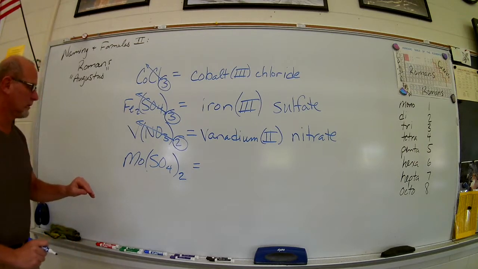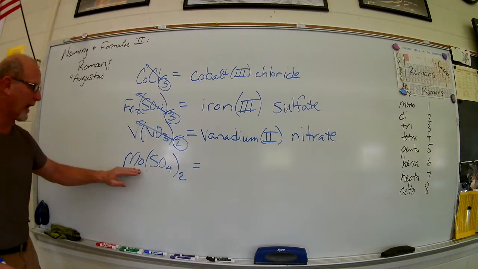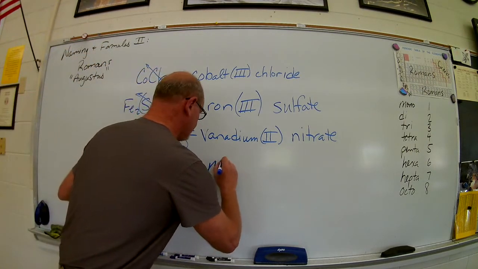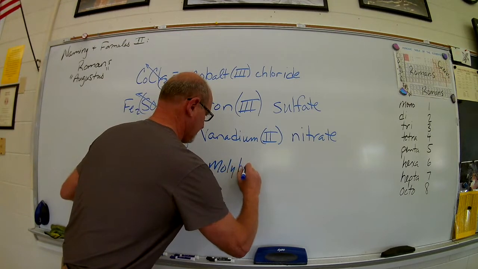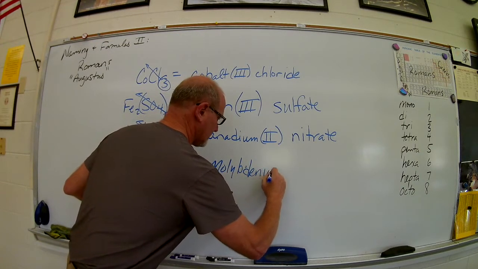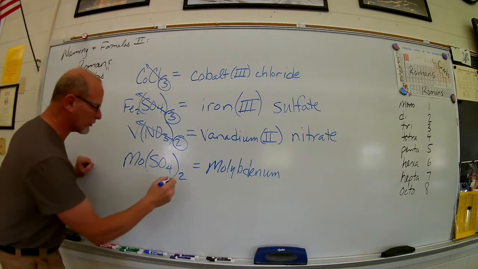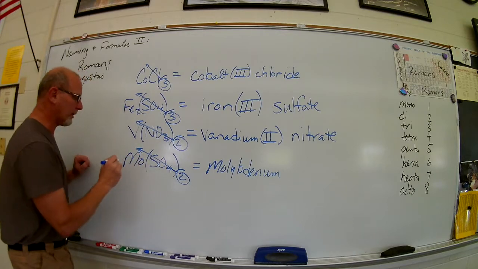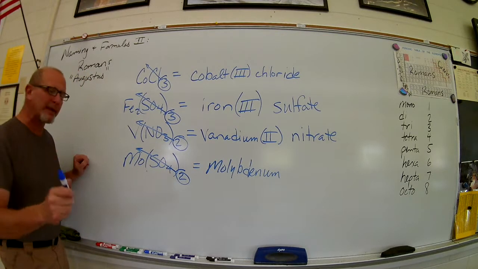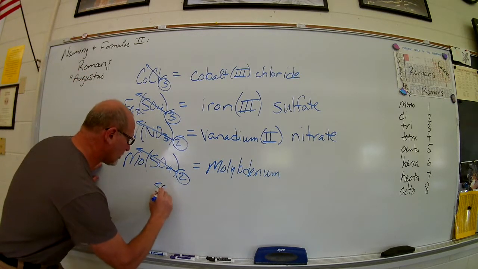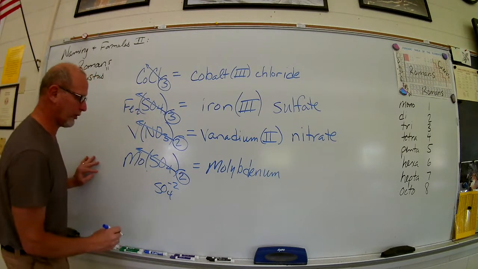Now, here's my formula. I know Mo is molybdenum. But I need to find the charge. What I want to say is, oh, well, it must be 2. But be careful. SO4 is a minus 2.